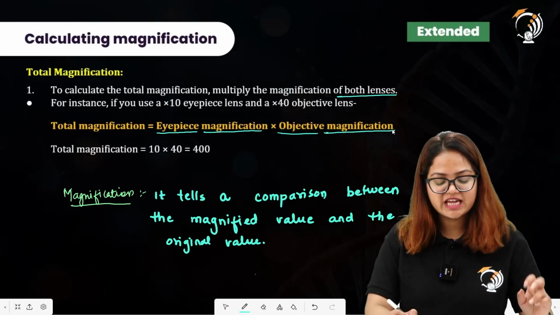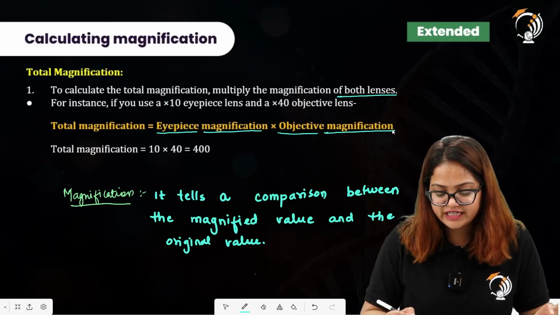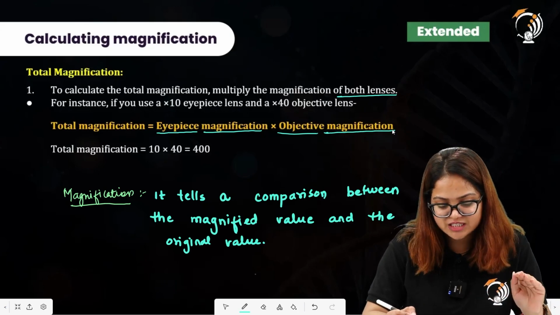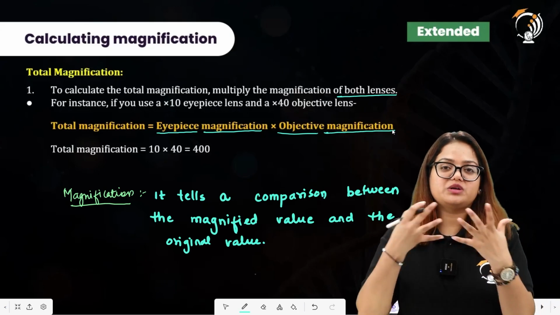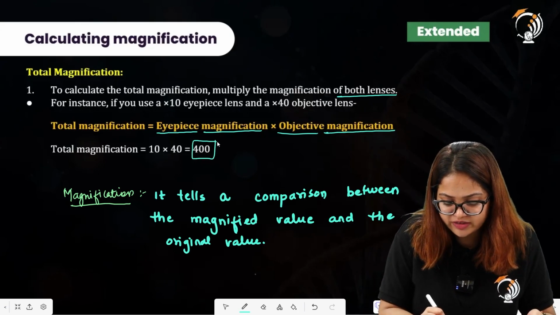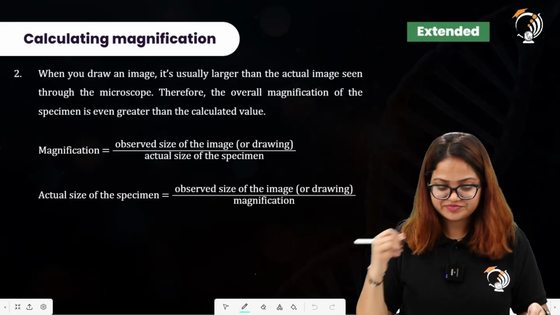For instance, if you use a 10 times eyepiece lens and a 40 times objective lens, you multiply both of these magnifications to get the total magnification. So you will get 400 times total magnification.